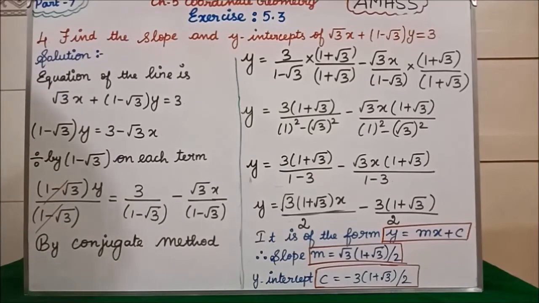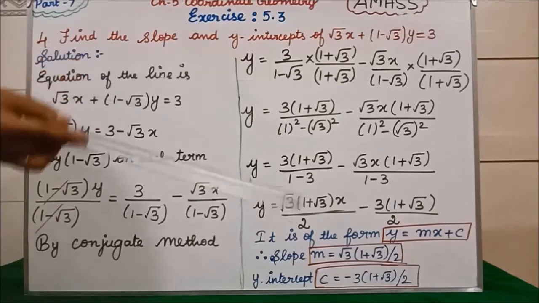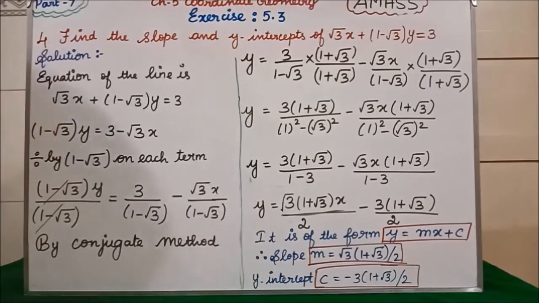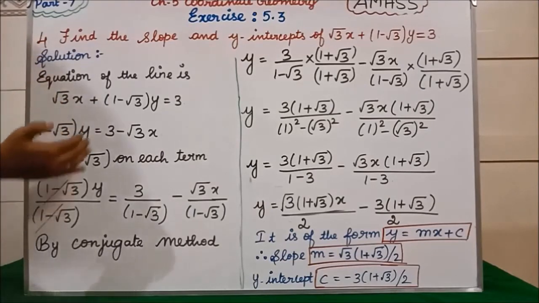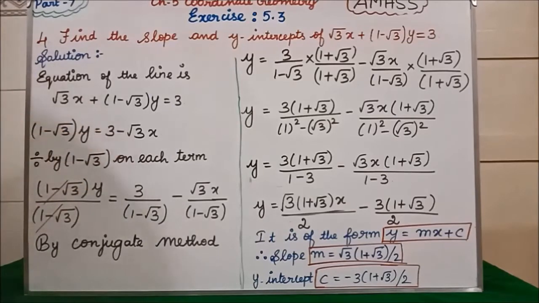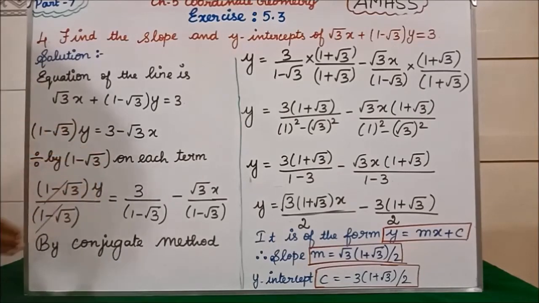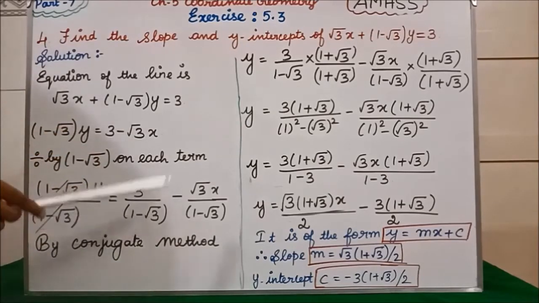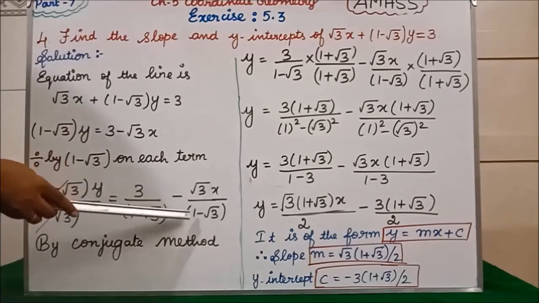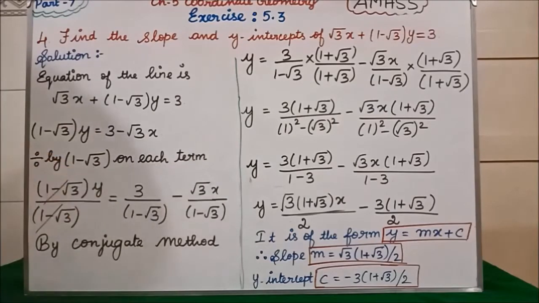Students, why are we doing it like this? Only then can we bring it into y equals mx plus c form. On the left hand side we have to have only y. So whatever values we have before y, you divide each term by that. Clear now? Both get cancelled. Now we have only y on the left hand side. So y equals 3 by (1 minus root 3) minus root 3 divided by (1 minus root 3) x.